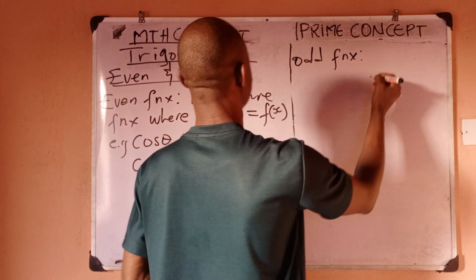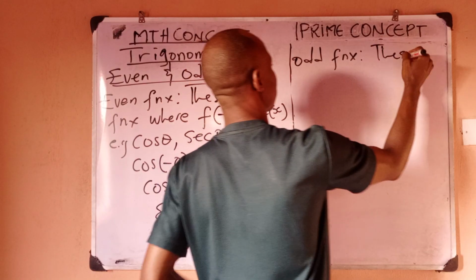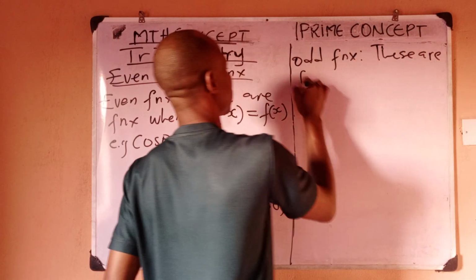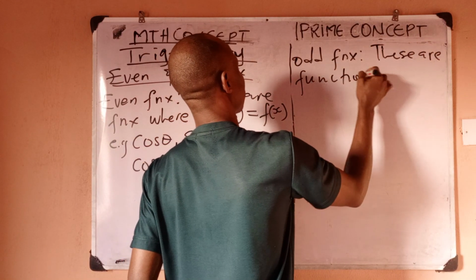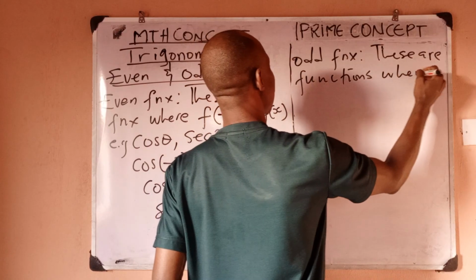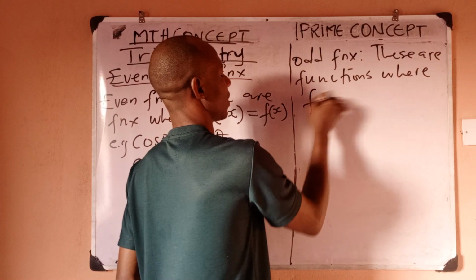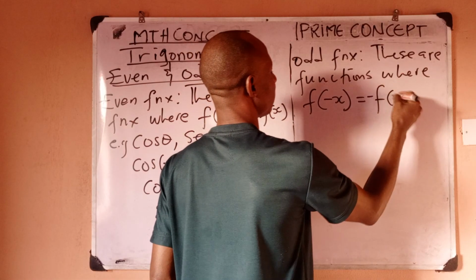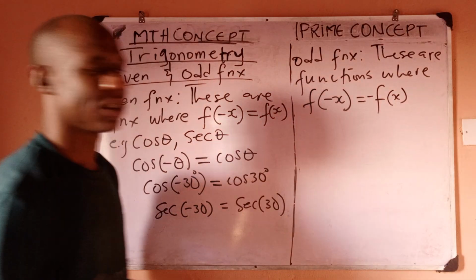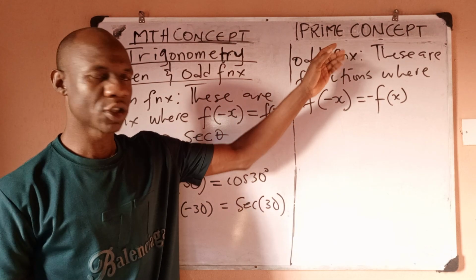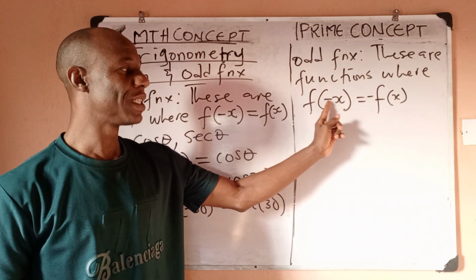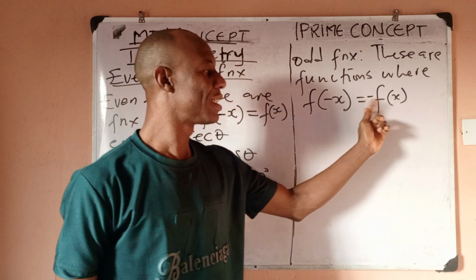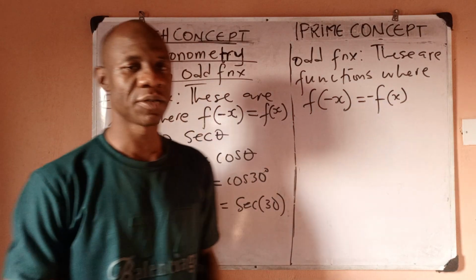So the second one is odd functions. Odd functions are functions where f of negative x is equal to negative f of x. So you can see the difference now. For odd functions, the function of the negative would be the negative of the function of the positive quantity.